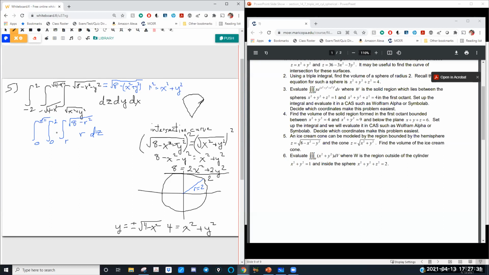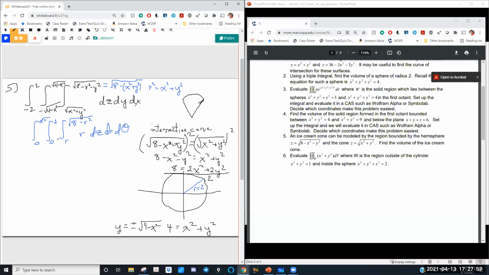Because both of these last two sets of limits were constants, the order here can go either way. We could have done d theta dr or dr d theta. Out of habit, I tend to do dr before d theta. This will give us the exact same volume as the integral above, except now we're in cylindrical.